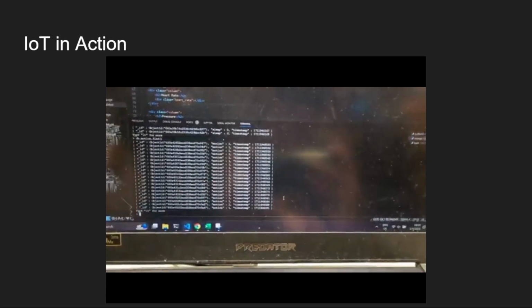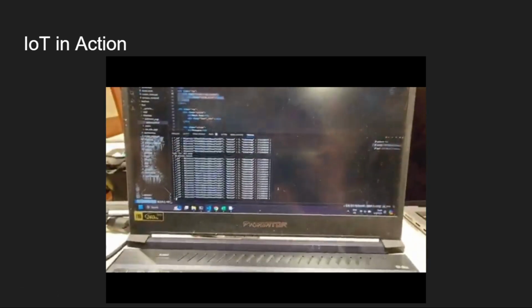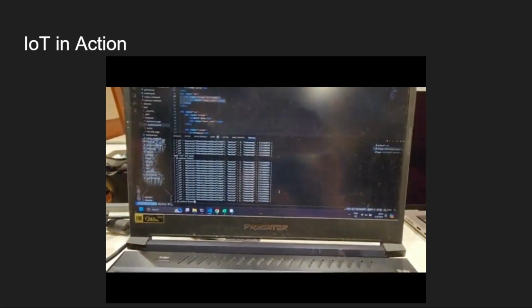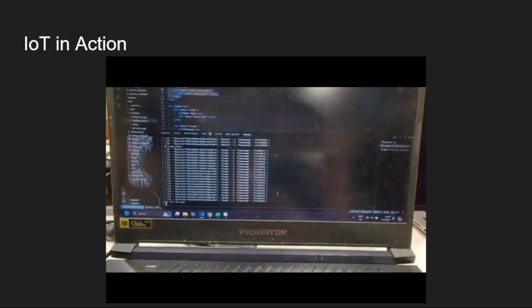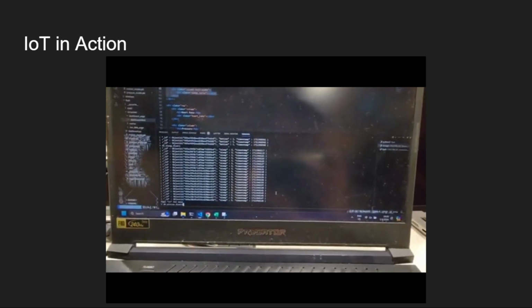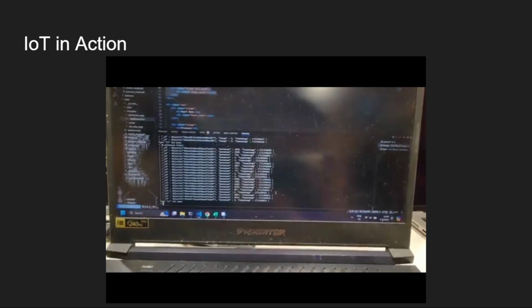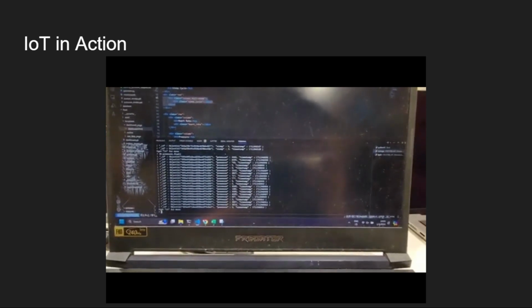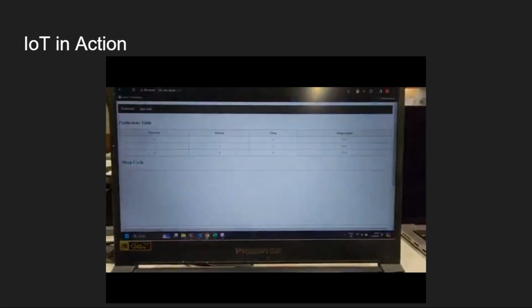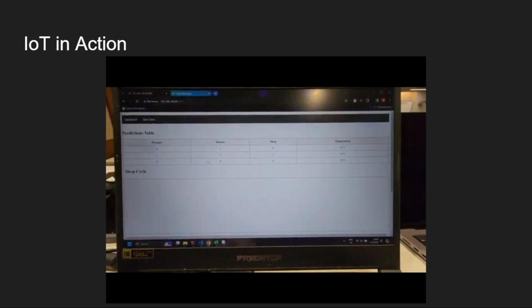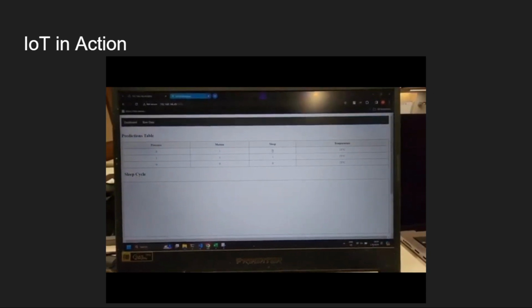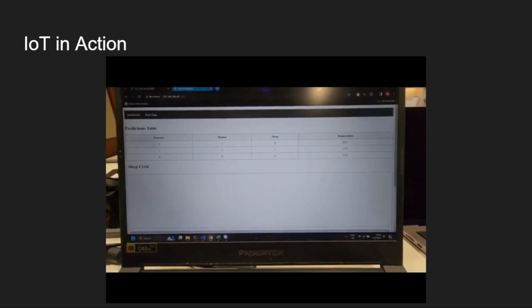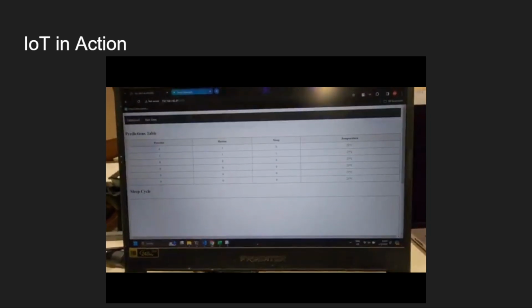And here is an example of the motion database, the sleep database, and the pressure database. Using these data, we then use a machine learning algorithm to produce a prediction of 1 or 0, with 1 representing sleeping and 0 representing awake, and we adjust the temperature accordingly as shown on the dashboard.